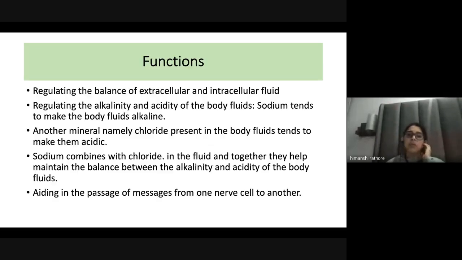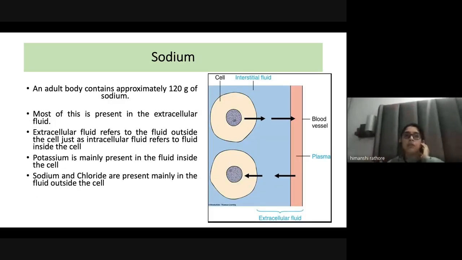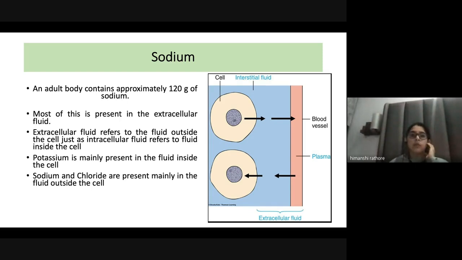So coming back to the slide, where sodium is present. Sodium is present in the extracellular fluid. Here is a slide presented to you with a diagram. You can see there are two cells, and outside the cell there is a fluid called interstitial fluid, as distinct from the intracellular fluid, which is present inside the cell.